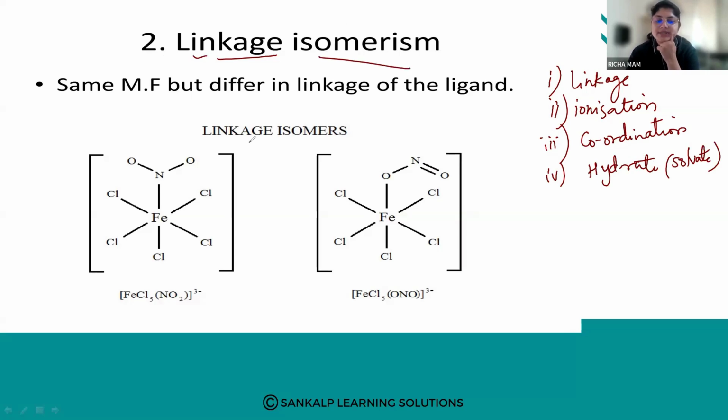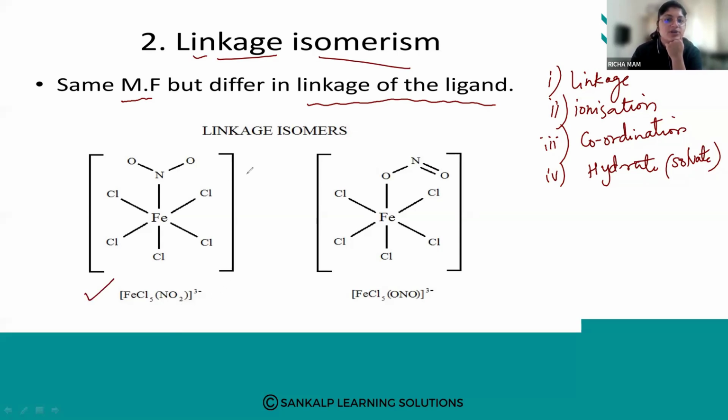So first one is linkage isomerism. What happens in linkage isomerism? Here it has the same molecular formula, but it differs in the attachment of the ligand. It differs in the linkage of the ligand. Suppose, here is an example: FeCl5NO2 3 minus.